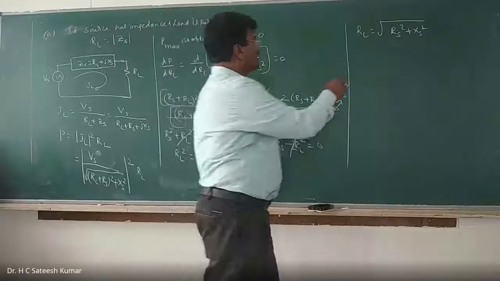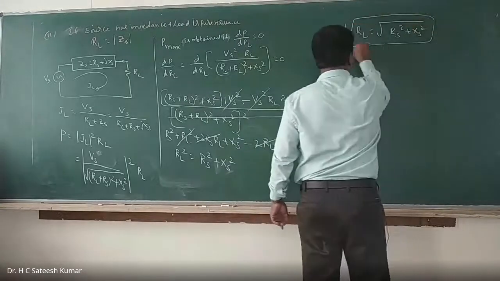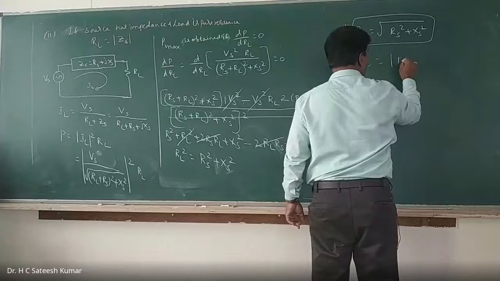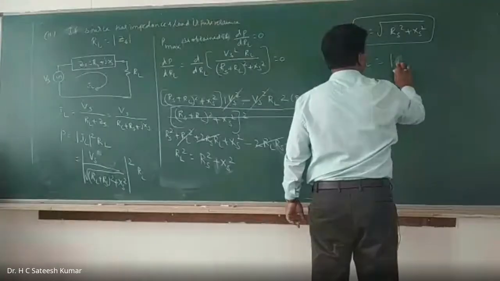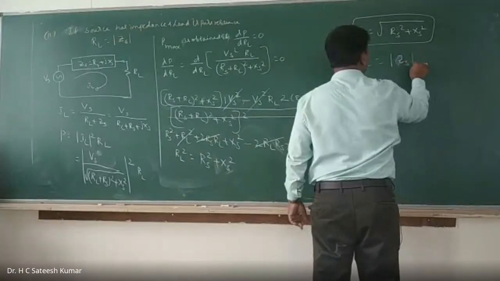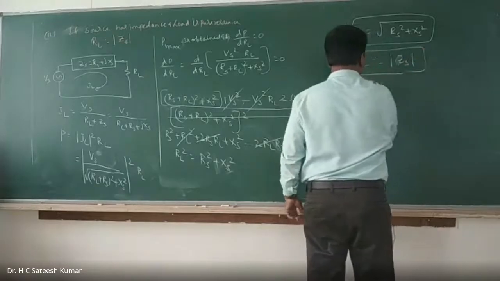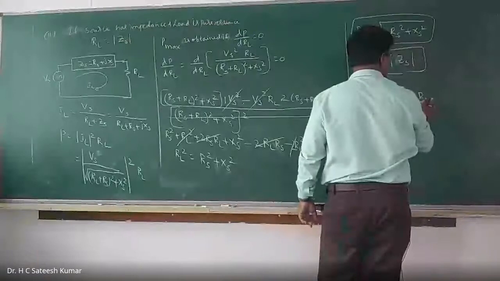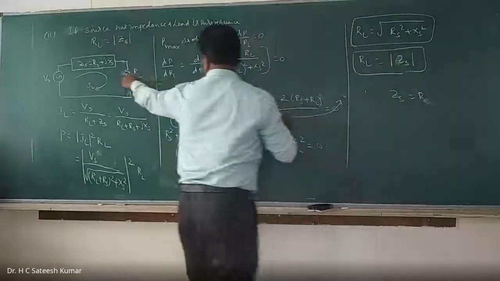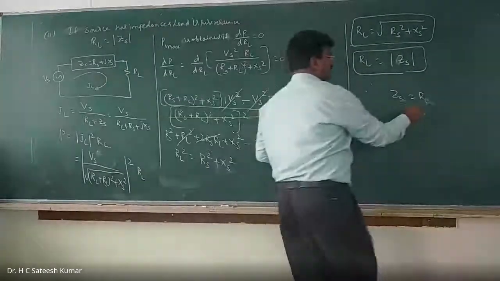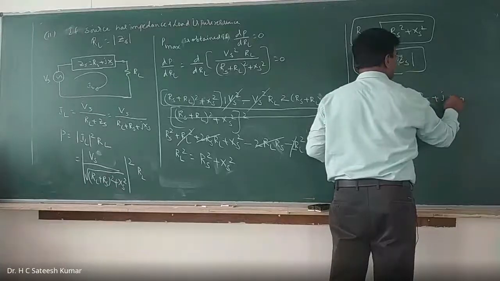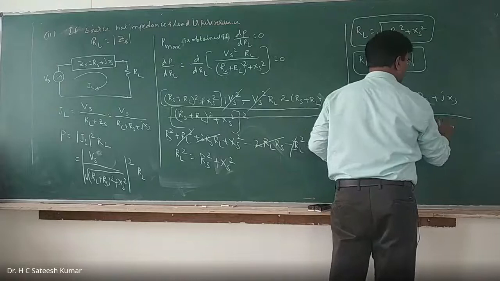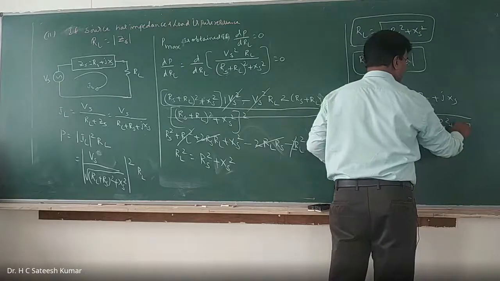This is nothing but what? This is nothing but RL is equal to the magnitude of ZS, because we know that ZS is equal to RS + jXS, as given. Therefore, the magnitude of ZS is equal to the square root of RS² + XS².